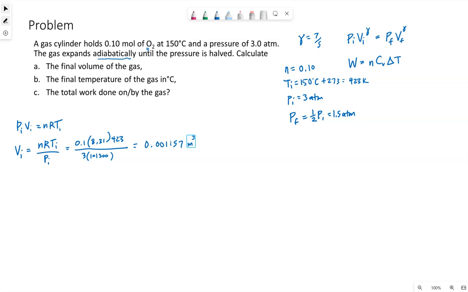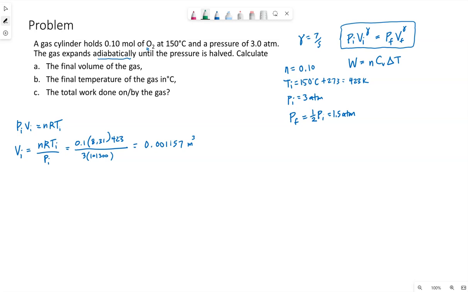I need the final volume. That's what question A is asking me. I could use the ideal gas law again, because it's true at a final moment in time, but I don't know the final volume, nor do I know the final temperature. So now that I have the initial volume and I have initial and final pressure, this relationship will be helpful.